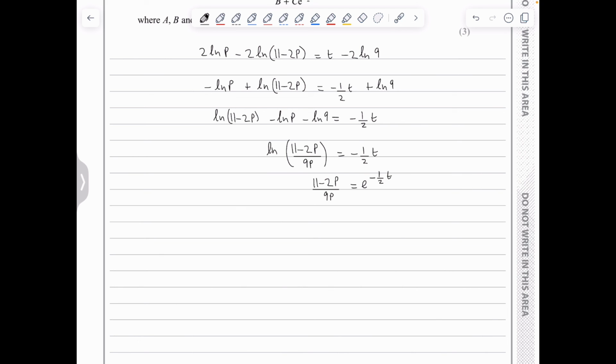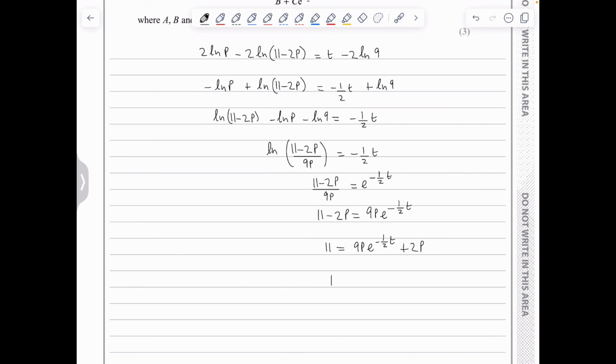I will cross multiply. 11 − 2p is 9p e^(−½t), leading to 11 is 9p e^(−½t) plus 2p.